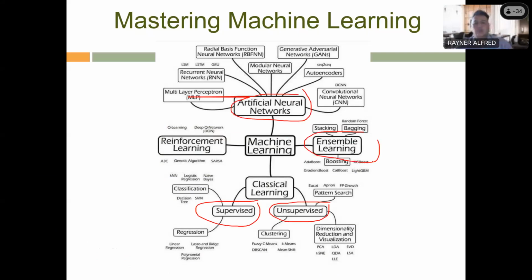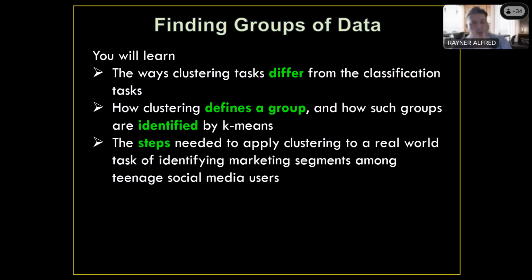Okay, so today is the first lecture on data modeling that we will focus on unsupervised, clustering, and we look into the k-means. Okay, so that is where our focus now. So if we look at the definition here, clustering is actually finding groups of data.